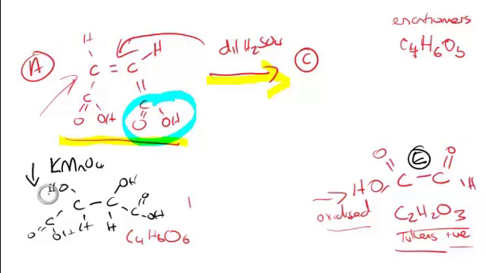Now, I haven't done a very good job of it, but all I've done is draw in what I think would be an OH adding across this double bond, because obviously if we're going to have an aldehyde over here, which is very clear from the question, it's likely that if it's oxidized it comes from an OH group, and so that's what we've got on this side.